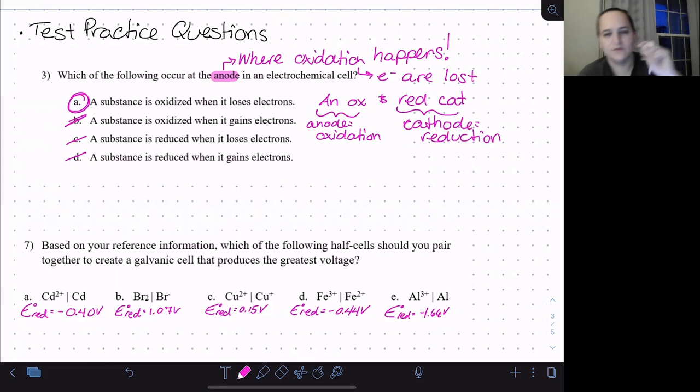If you try to flip these phrases around, it doesn't really work. "An ox" and "red cat" are grammatical phrases that make sense.